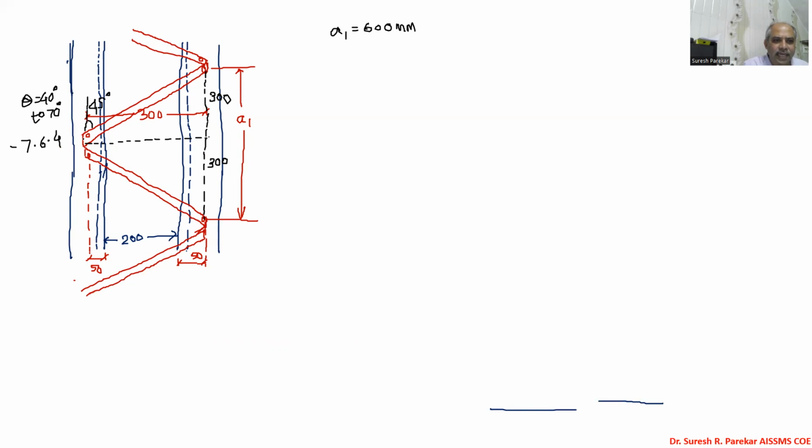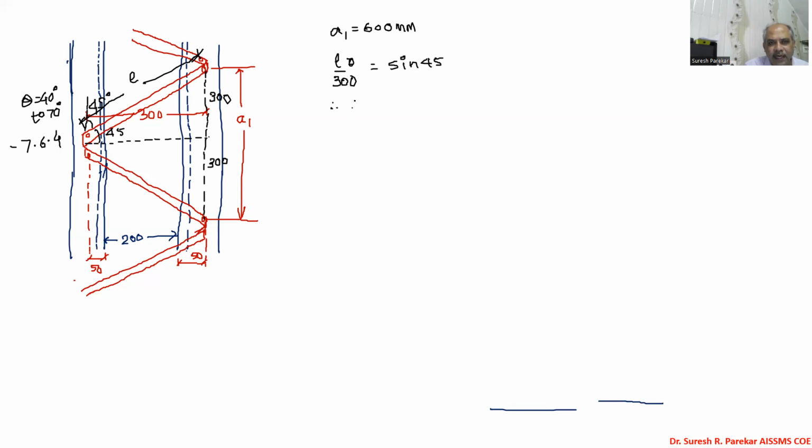Now this is our length of lacing. So this is L, length of lacing. How will we get this length of lacing? So we have this as 300 and the angle is 45 degree. So this also we have 45 degrees. So we have L upon 300 equal to sine 45.